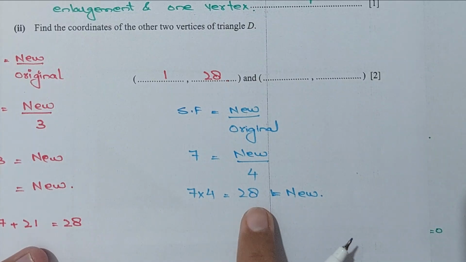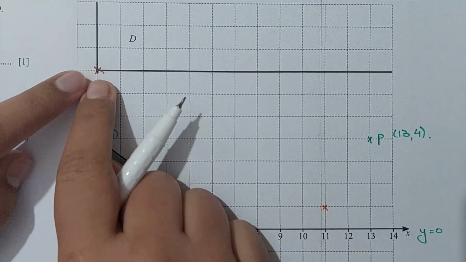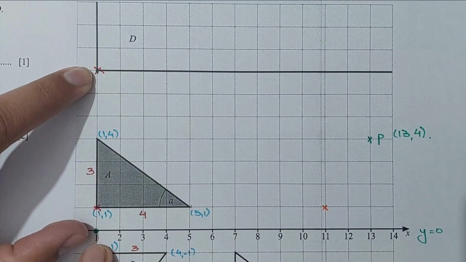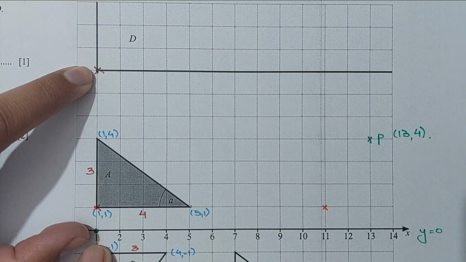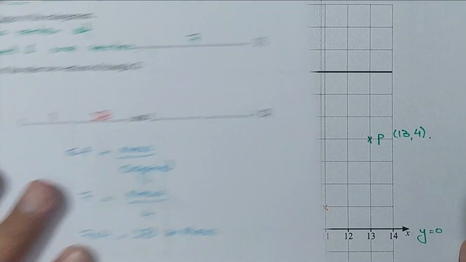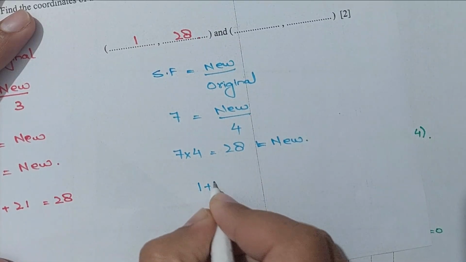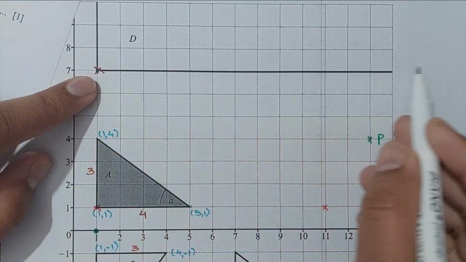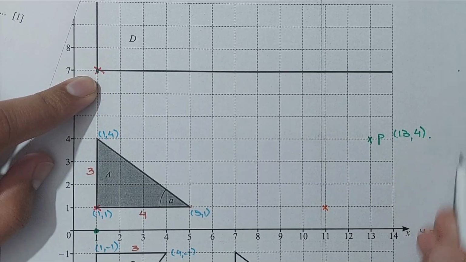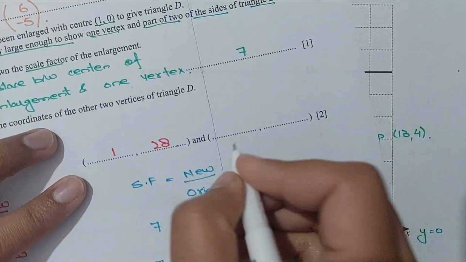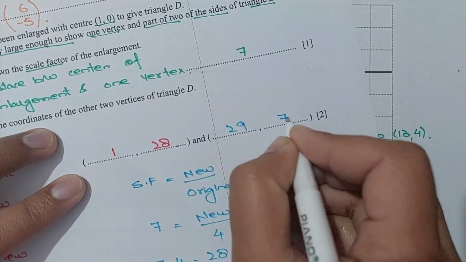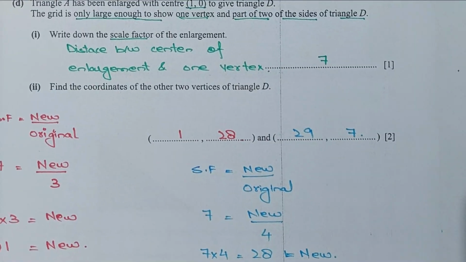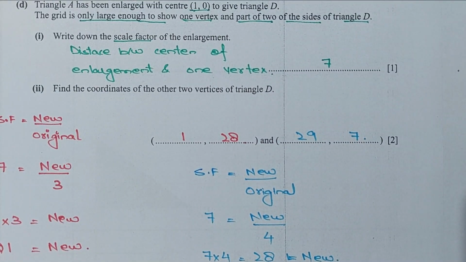So from this add the 28. Here the x coordinate is 1, so in 1 we have to move 28. 1 plus 28 makes 29. So the x coordinate is over here, which is 29, and the y is 7. 29 and 7. I hope this makes sense now. So these are the two other coordinates for triangle D.